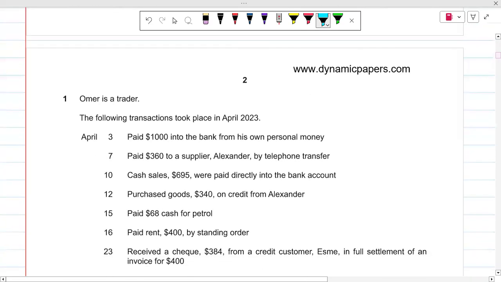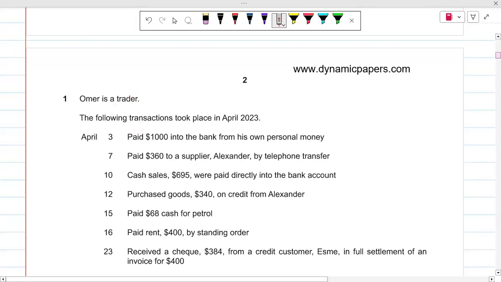First of all, we have question number 1, in which the examiner is asking you to make a cash book. Just try to understand the concept of this question. In this question, Umar is a trader.